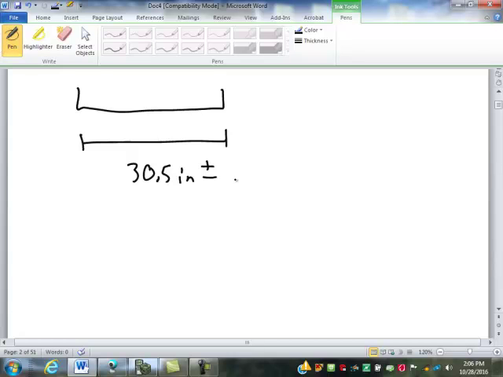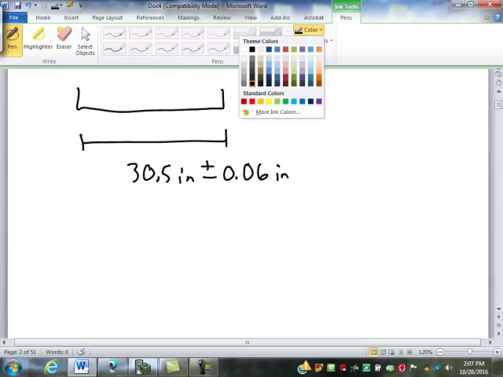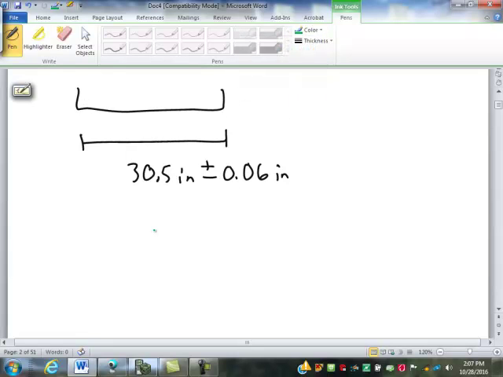Probably go down to a 1/16 of an inch. 0.0625 would be a 1/16, so let's go 0.06, just under a 1/16 of an inch. What would that be as a relative error? Again, it's our absolute allowance, 0.06 over our desired value, and we cross multiply and divide.